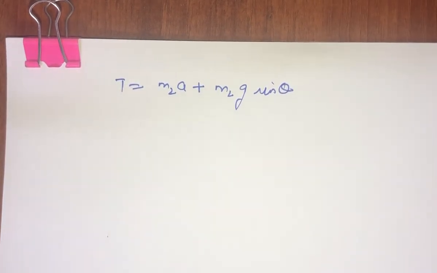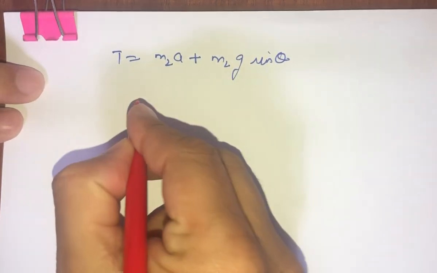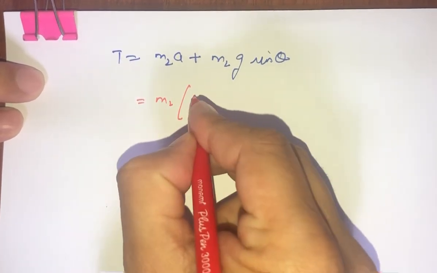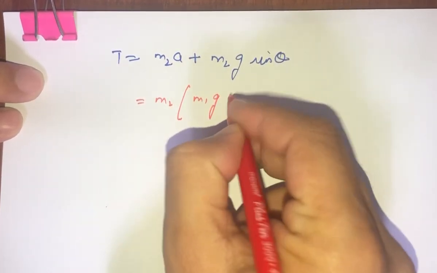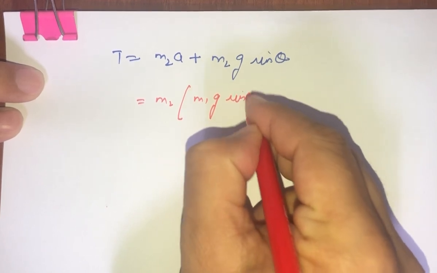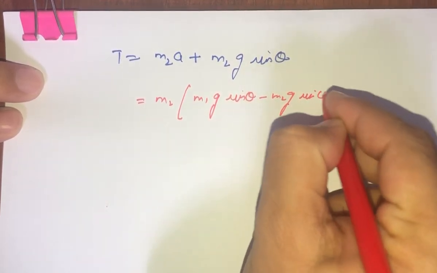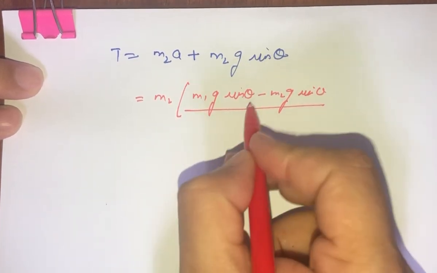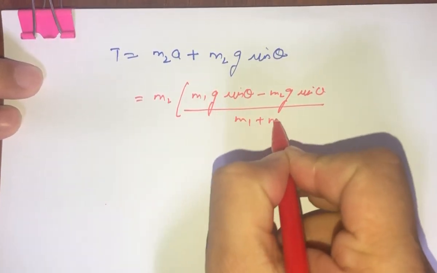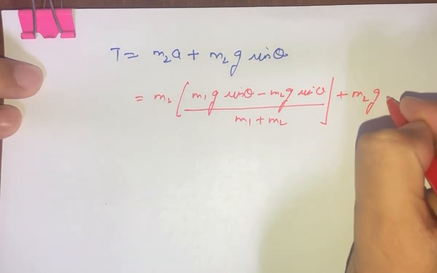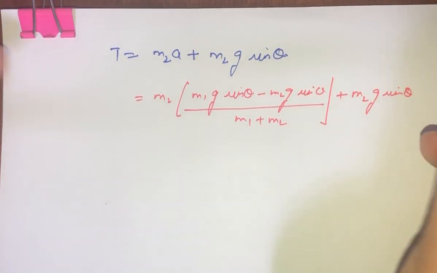We already know the value of a, so we put the value of a: m2 times m1g sine of theta minus m2g sine of theta divided by m1 plus m2, plus m2g sine of theta.